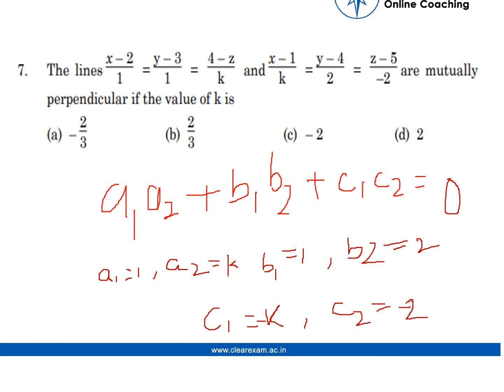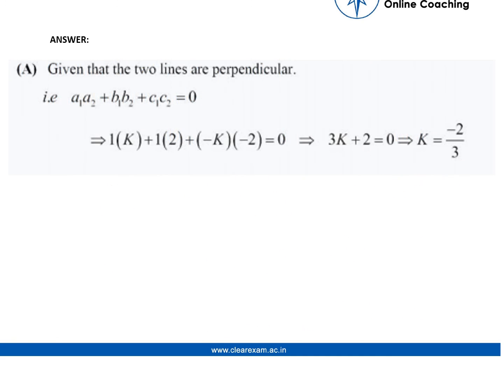Okay, now if we multiply a1 a2, b1 b2 and c1 c2, we will get, now I'm going to change the slide where you can see the multiplication of a1 a2 and b1 b2 and c1 c2.